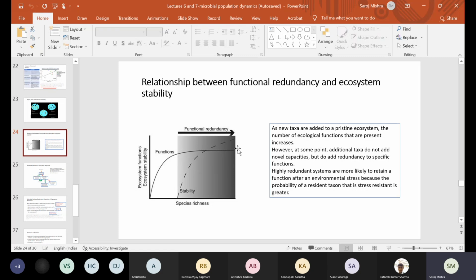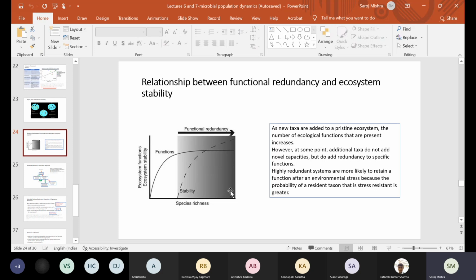However, it has a different effect on the stability. With the species richness, the stability starts to increase, although there is no functional gain for the ecosystem, simply because there is functional redundancy. You have added 15-20 different microorganisms, 15-20 different species, and they also bring with them the same functions you had already accumulated in the ecosystem.